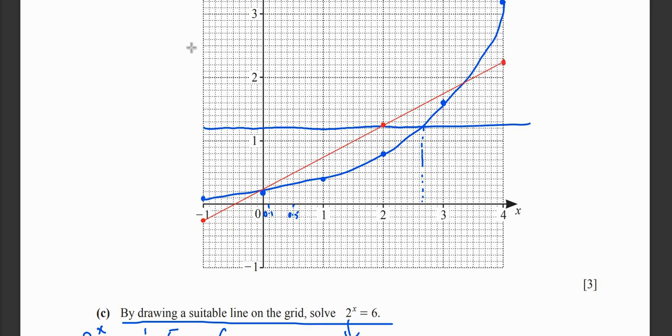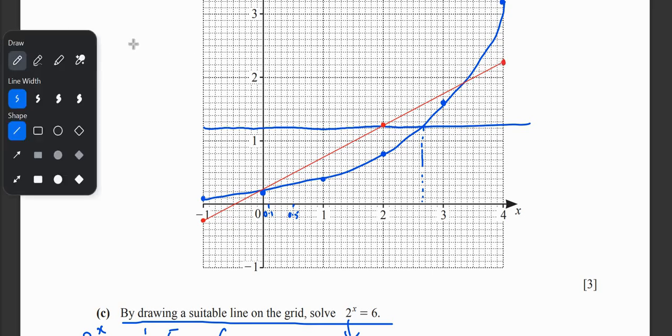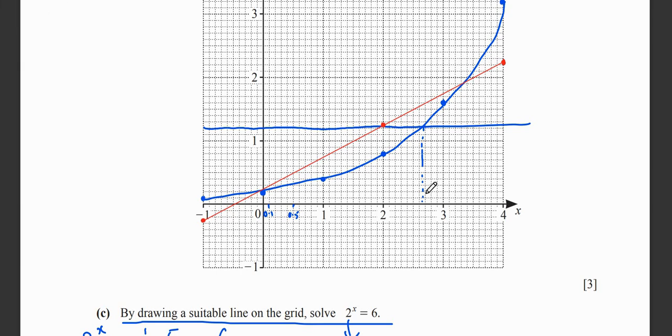Now look, there are 2 points at which this graph is intersecting. One of the points is over here. One of the values is going to be 0 point something, but since I made this graph a bit wrong, I'm going to sketch this part again. As I was saying, one of the points at which the graph is intersecting is this.